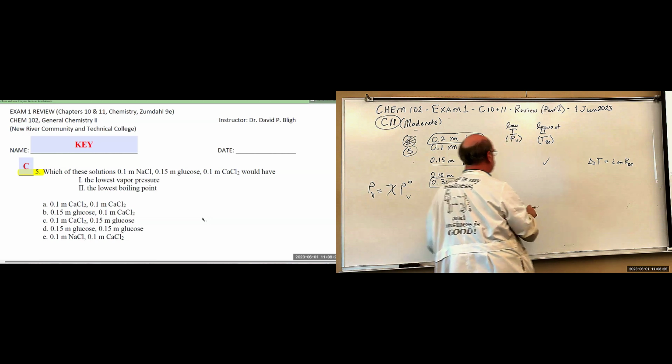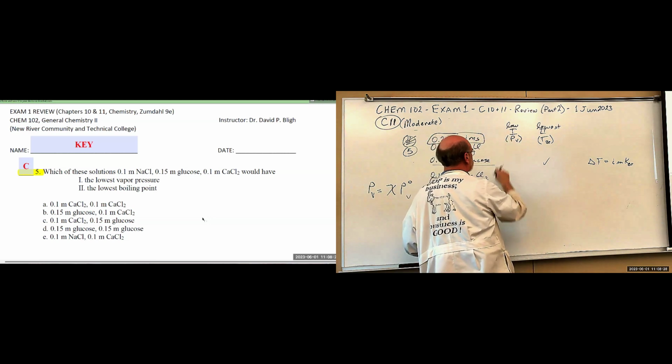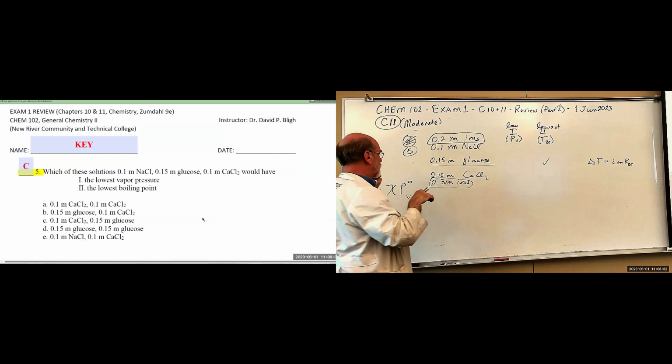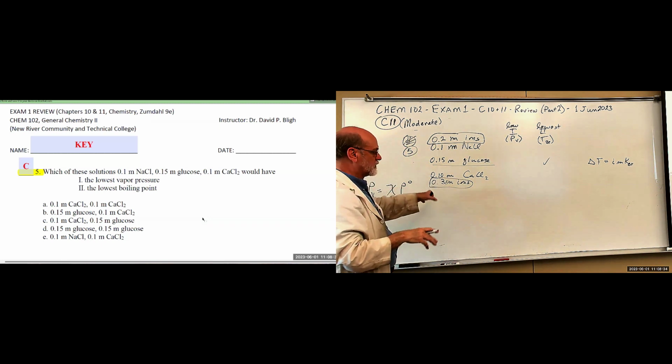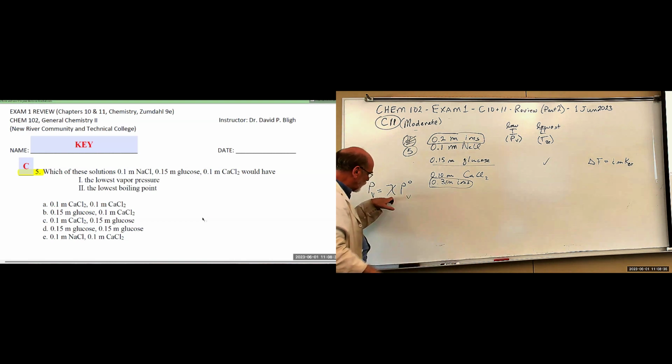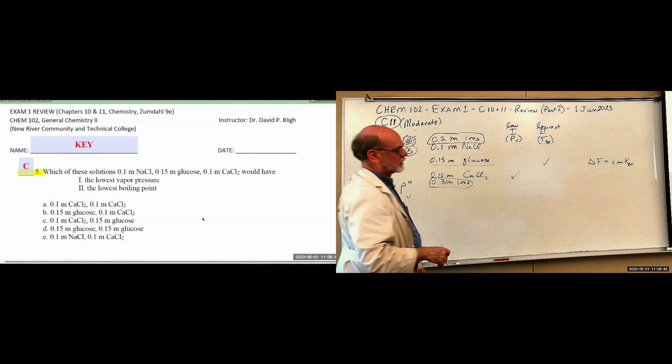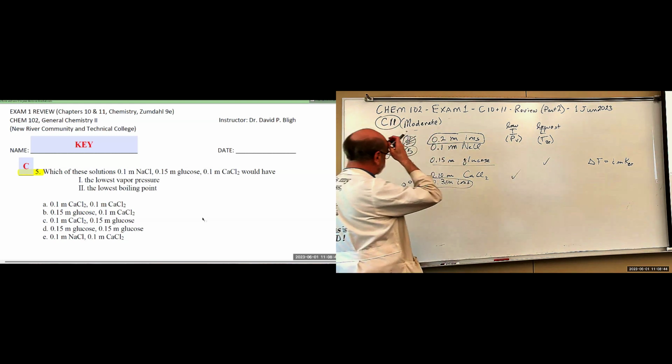The lowest boiling point is still going to be glucose. But how about the vapor pressure? The lowest vapor pressure is the one that has the highest solute concentration, which means the lowest mole fraction of solvent. Calcium chloride, yeah. There you go. So that would be C.